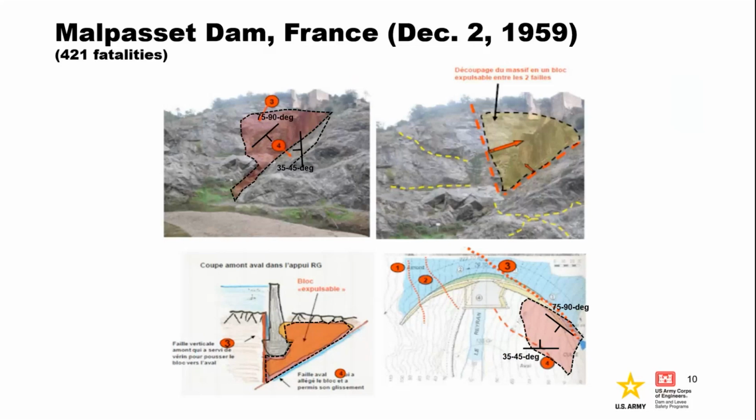Large uplift forces developed on an upstream foliation shear for one of several reasons or a combination of reasons. First, the stresses generated in the rock by the arch thrust extended to great depths on the left abutment due to the orientation of the fault, decreasing the rock permeability for flow in the downstream direction.